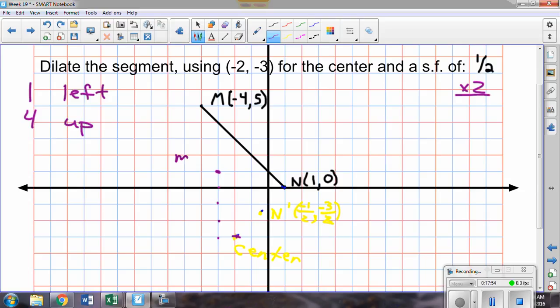M prime was located by dilating the gaps from the center and the pre-image point. And so we would have this located at negative 3, 1, allowing us to now connect the points. And once again, what do you notice about the 2 segments?